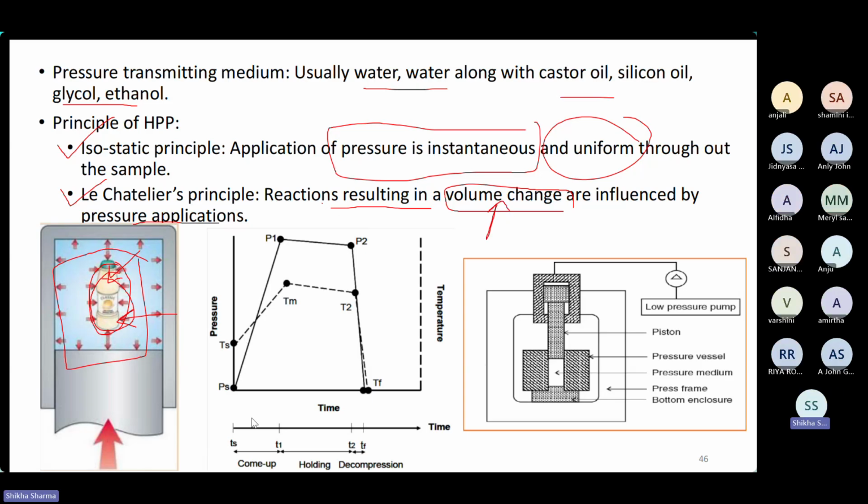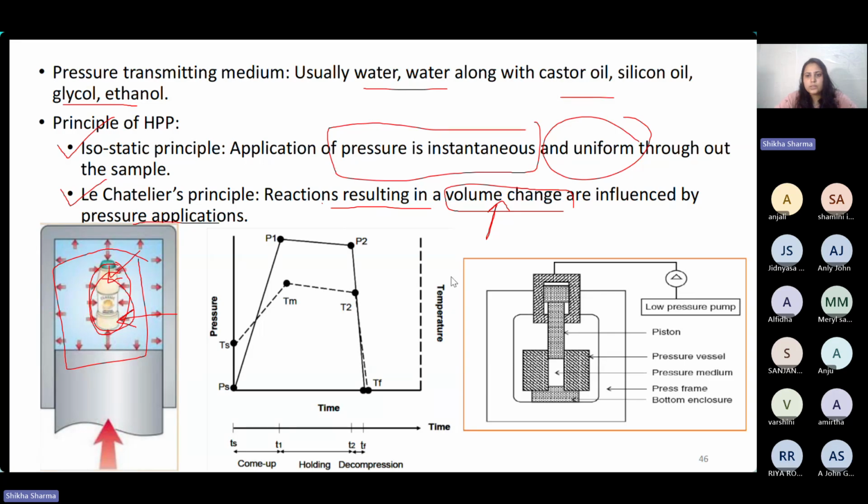If we look at this diagram, we are applying pressure with a piston, and this is where the pressure is applied. Here our sample is there with the pressure medium, and the food is getting the HPP treatment.